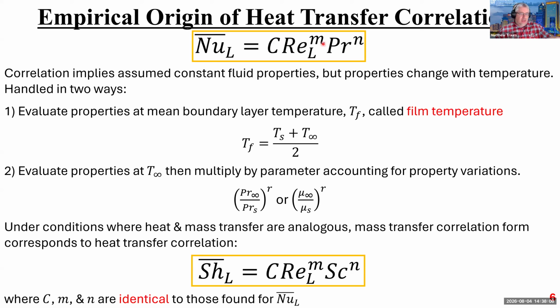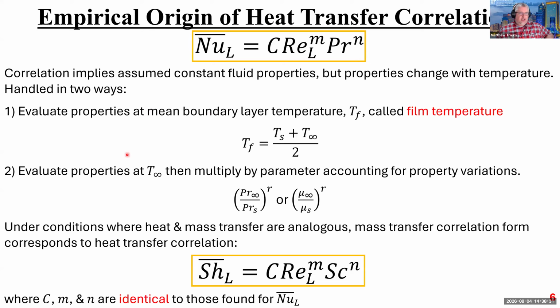And so when you then use the correlation, if you use that same average temperature and fluid properties for that same average temperature, you end up with the same values using the correlations that were developed experimentally. So we just need to know what the temperature is, right? What the agreed upon protocol is to pick that temperature.